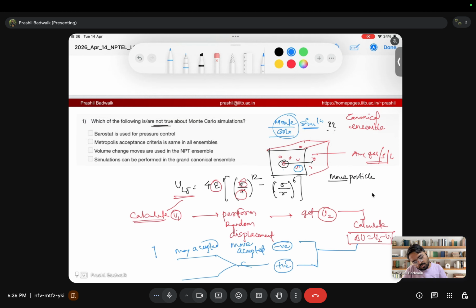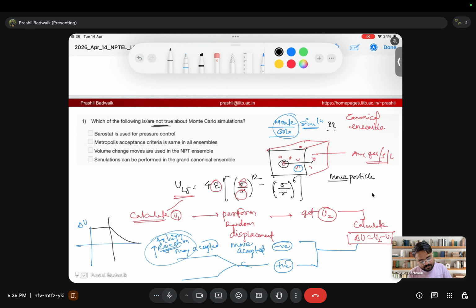If the energy is too high, the chances of rejecting that move are high. So depending on delta U, the probability might look like this.